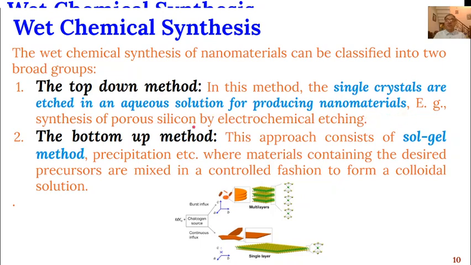For example, synthesis of porous silicon by electrochemical etching is a top-down method for the synthesis of nanomaterial. Similarly, bottom-up approach can also be used, and bottom-up approach is sol gel method or precipitation, which is done so that these materials containing desired applications can be formed.